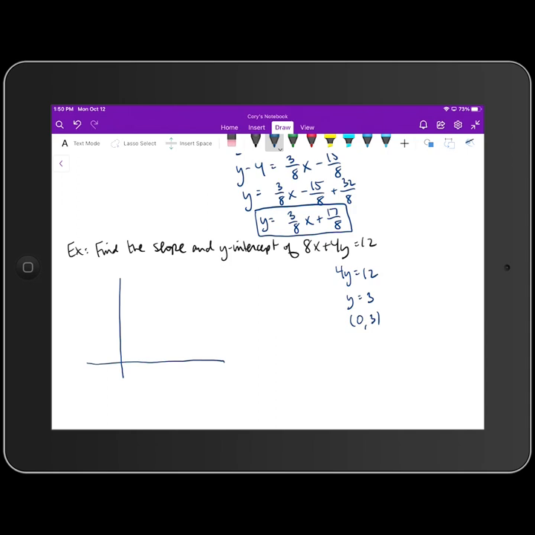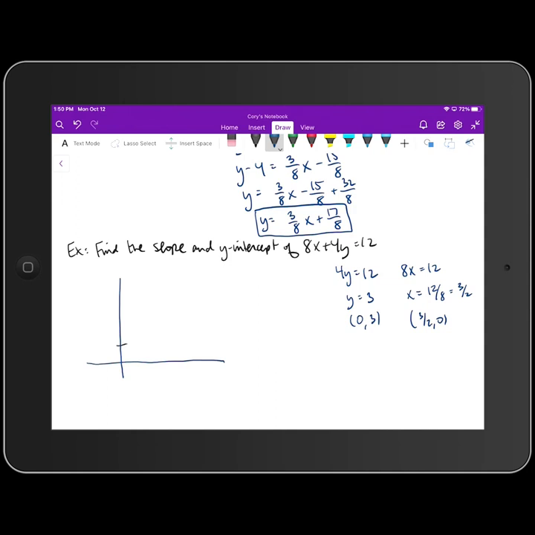And then we can also set y equal to 0 and solve for x. So we get 8x equal to 12, which makes x equal to 12 over 8, both of those are divisible by 4, so that's 3/2. So that's going to be 3/2 comma 0. So that's going to be our x-intercept.